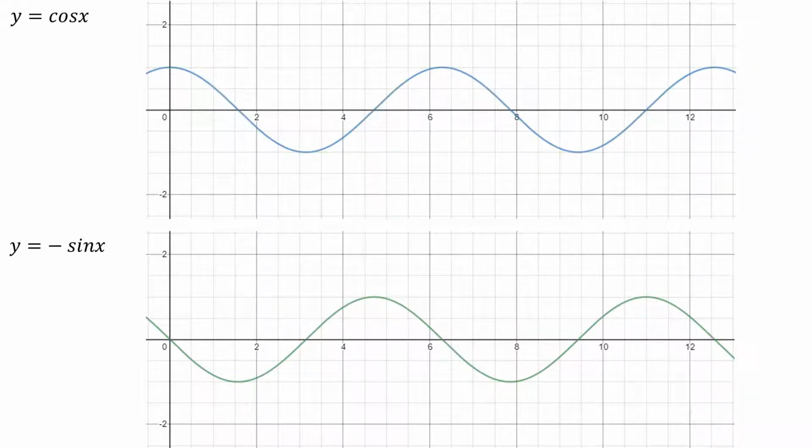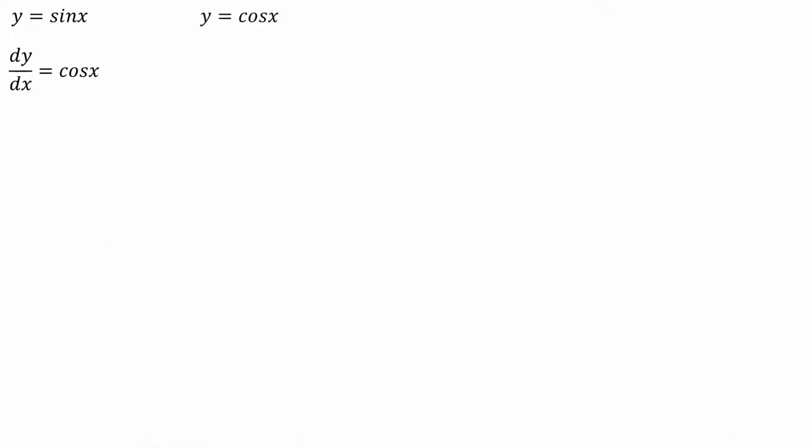So if I start by looking at y equals cosine of x, and I look at the slope of that function, and plot the slope at each point, I end up with y equals negative sine of x. Right? So if y equals sine of x, the derivative will be cosine of x. If y equals cosine of x, the derivative is negative sine of x.